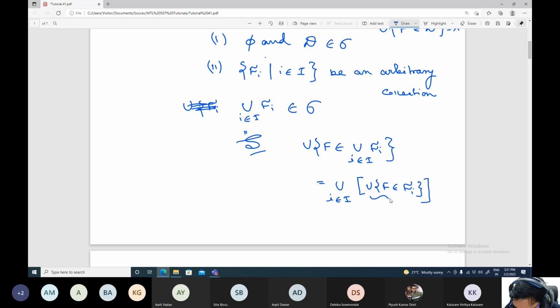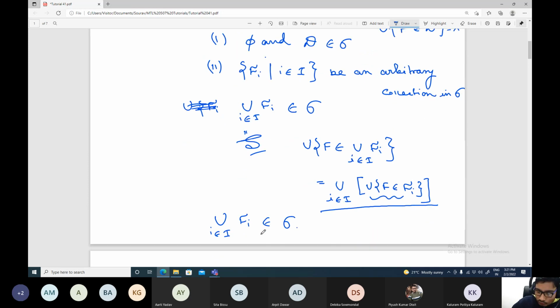Now this set is open by the assumption, because each F_i is an element of sigma, and therefore this is an arbitrary union of open sets in X, and therefore this set is open in X. So the union of F_i belongs to sigma.